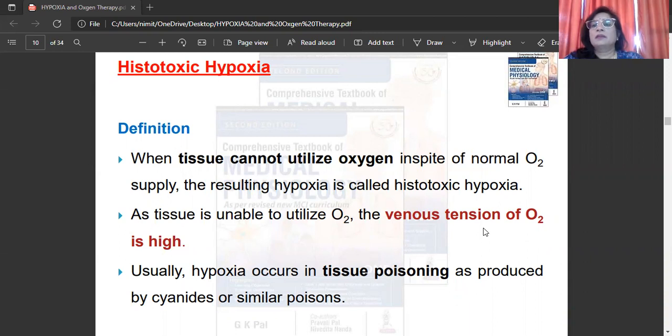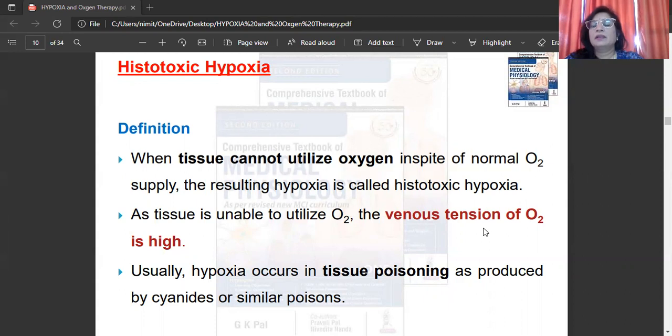What are the various types, like anemic hypoxia, hypoxic hypoxia, stagnant hypoxia, and histotoxic hypoxia. Then, at the end of the lecture, you will also be able to define cyanosis, causes of cyanosis, and the treatment of cyanosis.